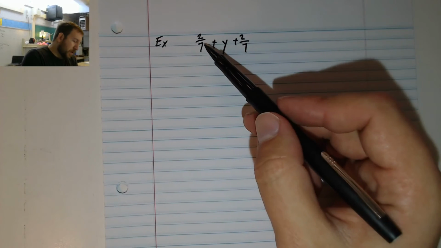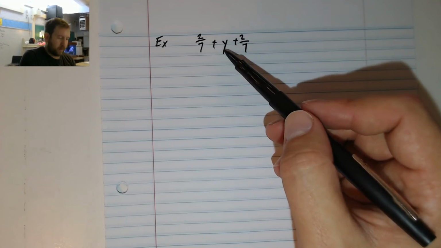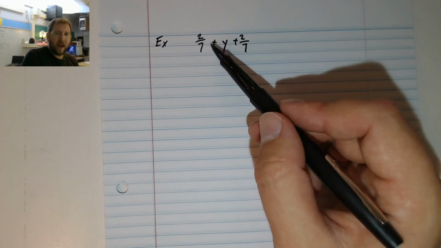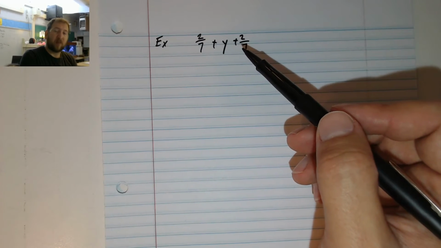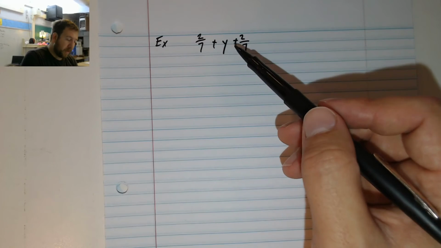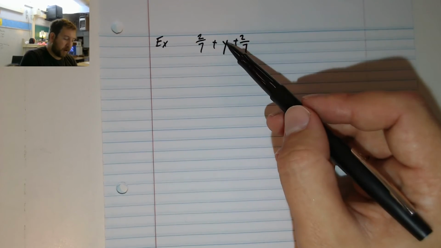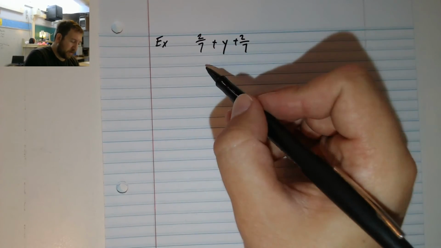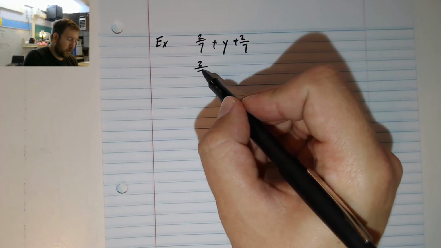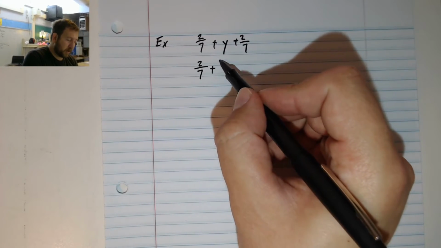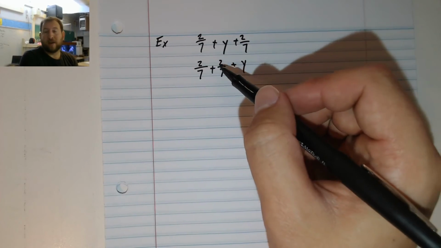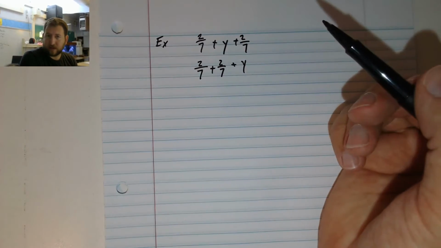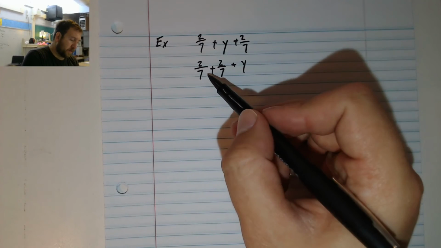Well, the y is kind of different and confusing, but what's nice is I can use my commutative property in this problem, and I could rewrite this by switching the y and the 2/7 like this: 2/7 plus 2/7 plus y. Oh, well now I can add the 2/7 and the 2/7 together, and it's much easier than it was before.